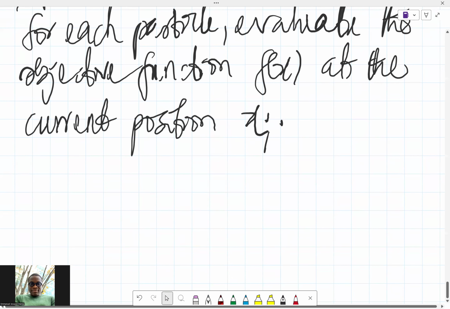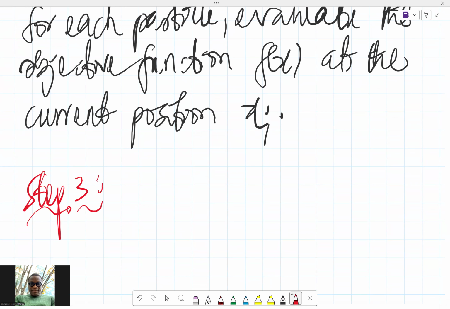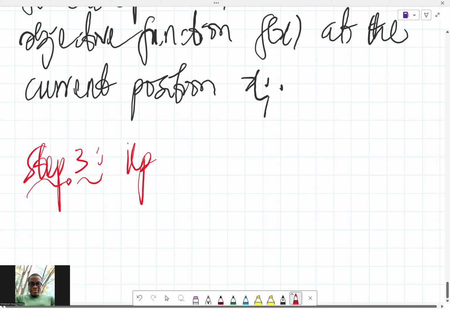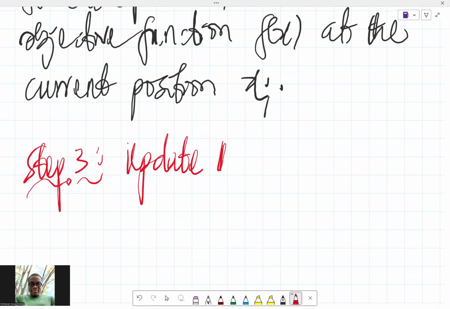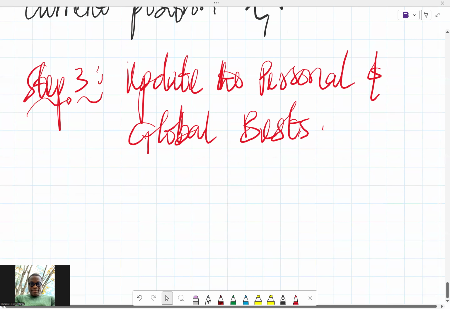And we go to step 3. We're going to do this mainly using Python, so I'm not going to do so much solving here. Step 3: update the personal and global bests. That's the best position for each particle and the best position overall.